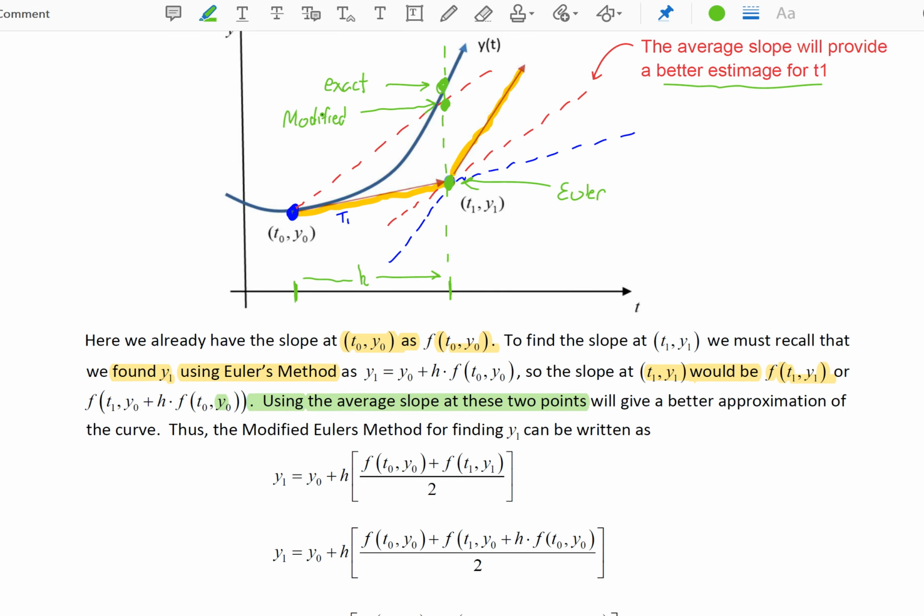Thus, modified Euler's method for finding y1 can be written as y1 is equal to y0 plus h, your step size, times the average of the slope at your first point and your second point.